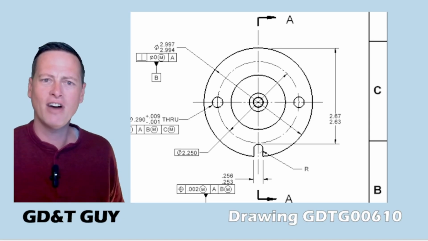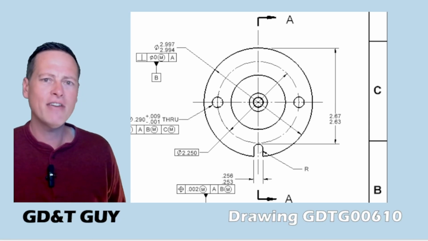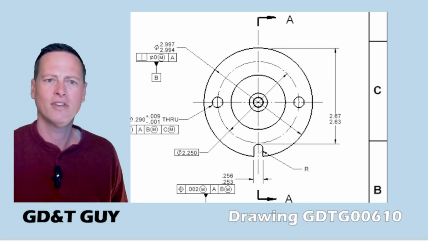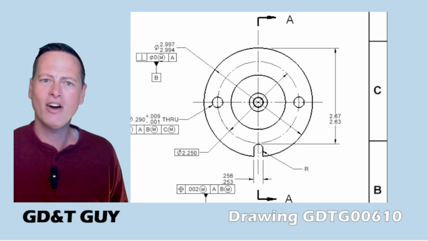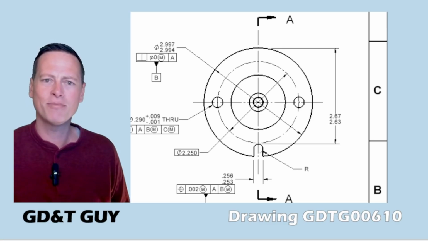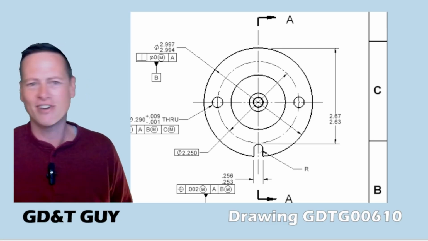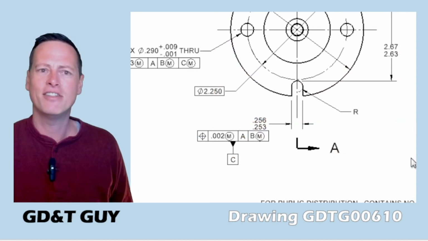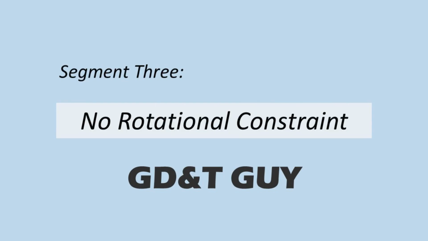And then these center lines drawn through the part are also important because they represent two of the planes of our datum reference frame, clearly converging on the center of the part. And we also have a thing called implied 90 degrees, which would support this interpretation that the basic location of the holes is 90 degrees from the slot in both directions, right? Especially because we are establishing and using this datum reference C.